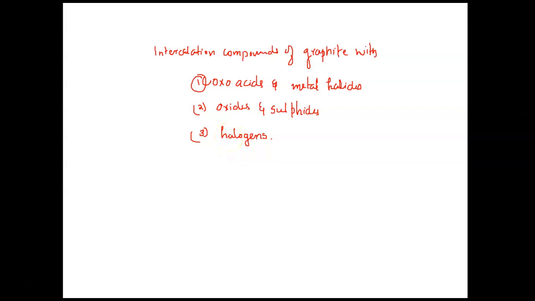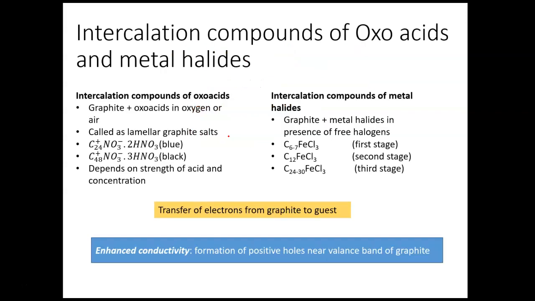So, first moving into the first topic, that is intercalation compounds of oxoacids and metal halides with graphite. You can classify them into these two categories, but their basic structure and properties will be similar.